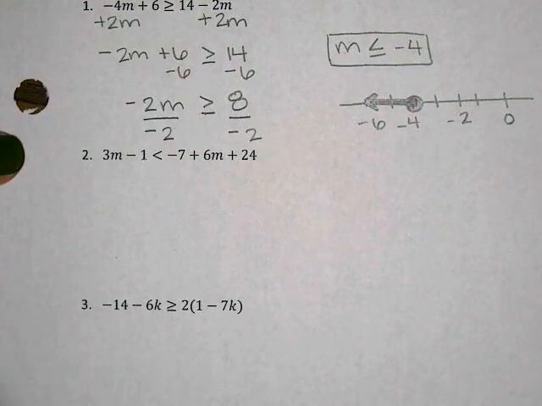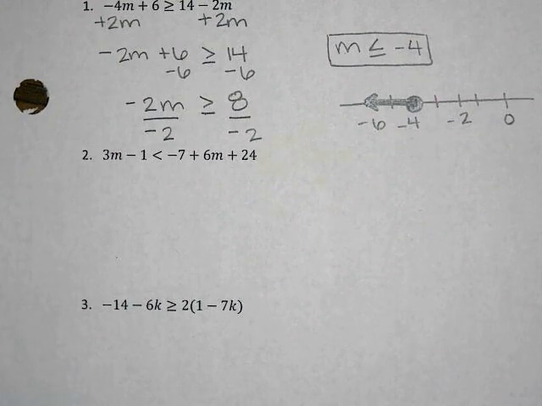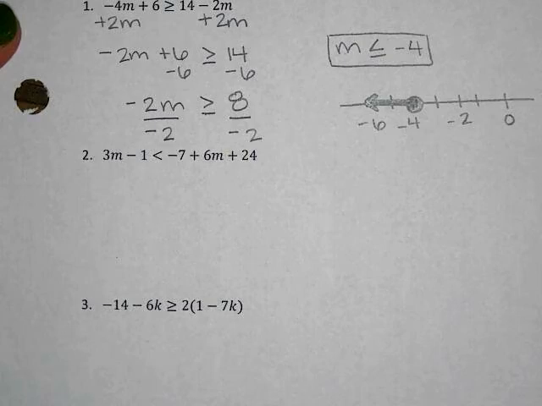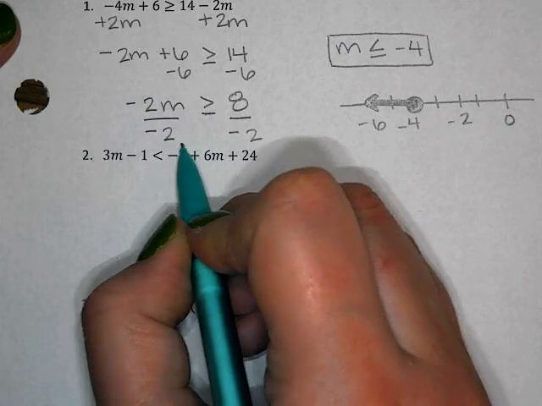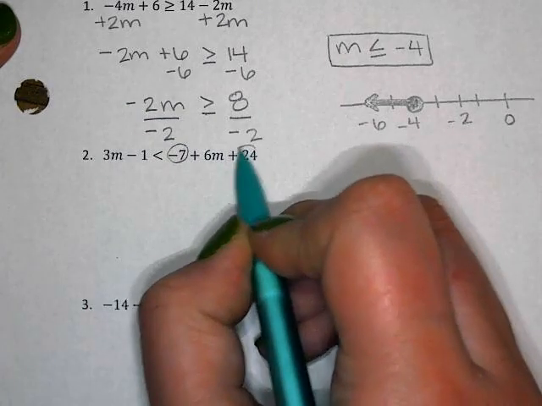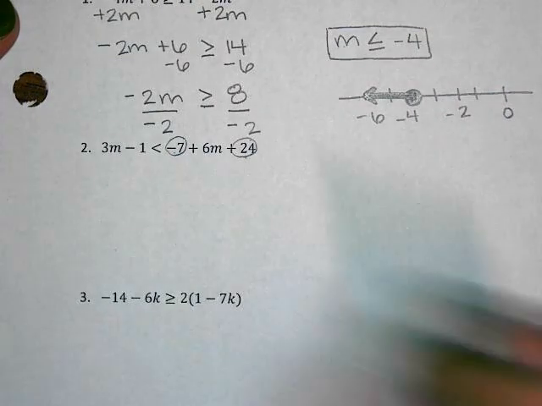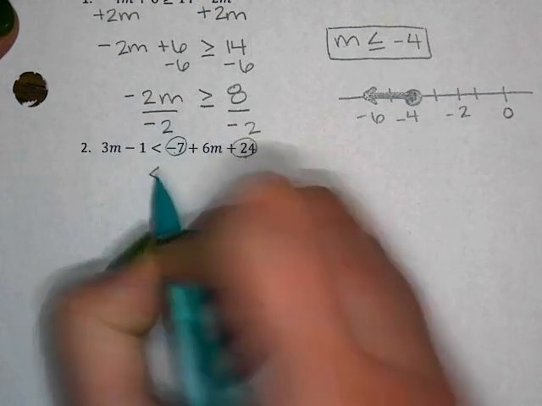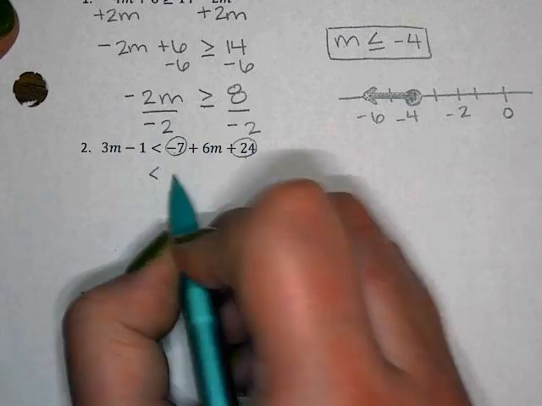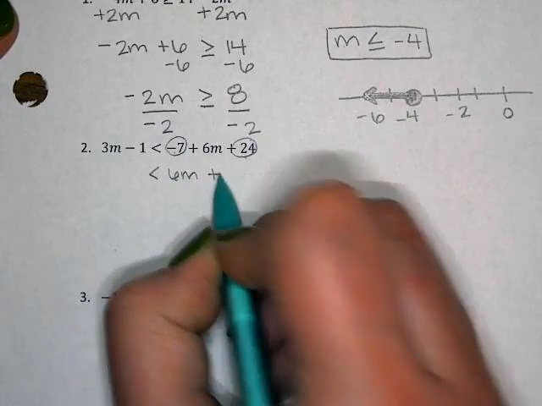All right, how should we start number 2? Yeah, combine the negative 7 and 24, and then we can subtract the 6m. First, before we start getting the m's to one side, we do have some like terms to combine. A negative 7 and a positive 24 gives you 17. Okay.